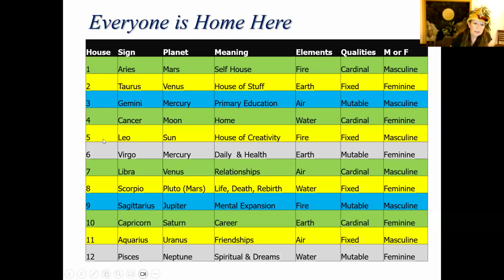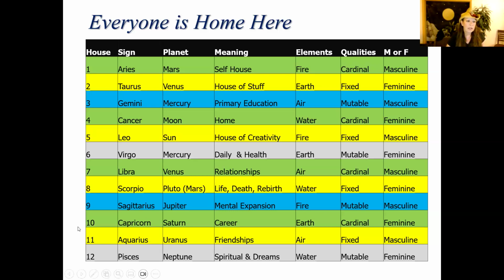The fifth kind of opposition, remember there's only six oppositions because there's only twelve signs. And so the fifth is the Leo, the sun, the house of creativity, again with the fire, again with the fixed, again with that masculine.